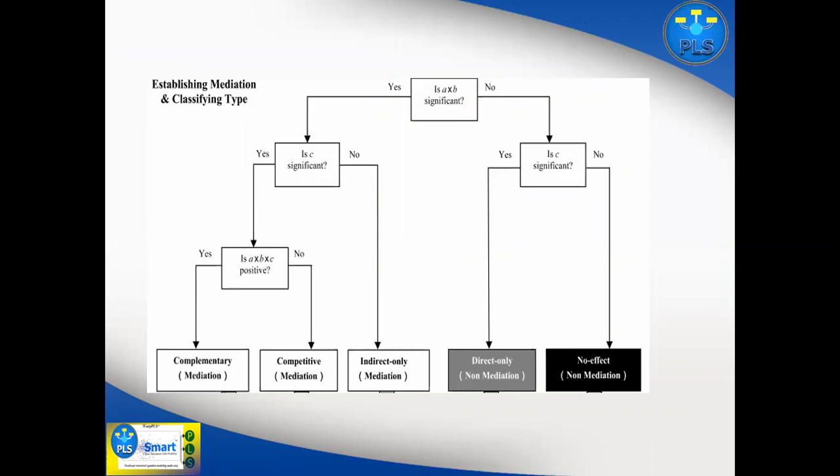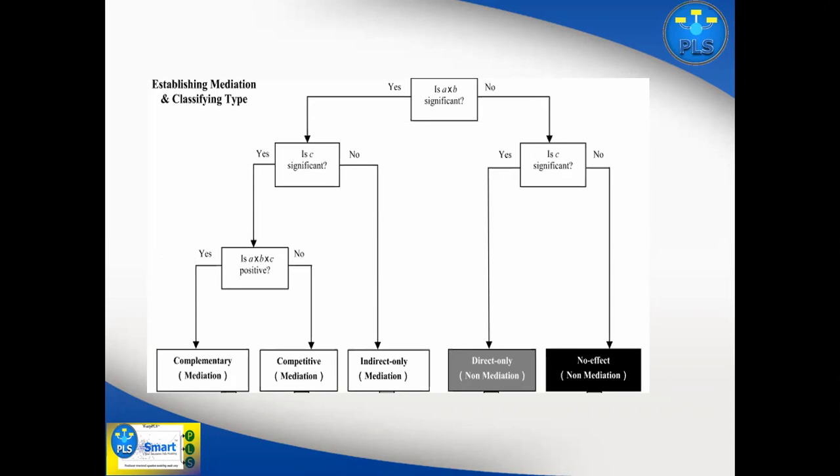If you run your model, you now multiply A, the path between IV and mediator, and the path between mediator and DV. If it's significant, then you ask, is C significant? That is, is the relationship between IV and DV significant?